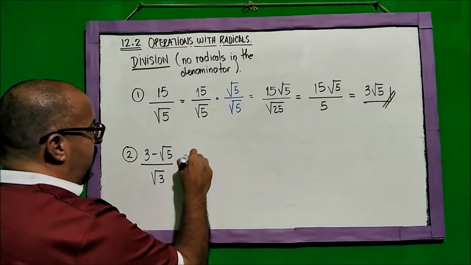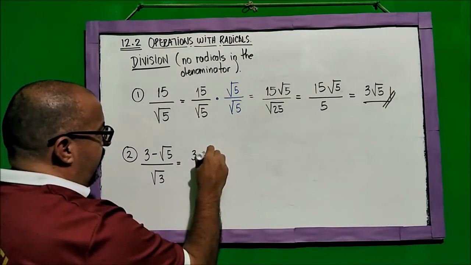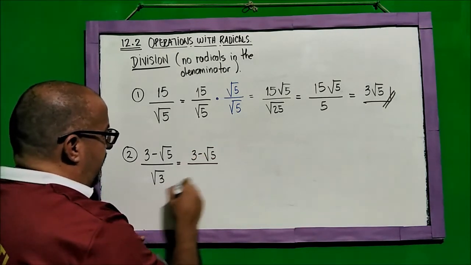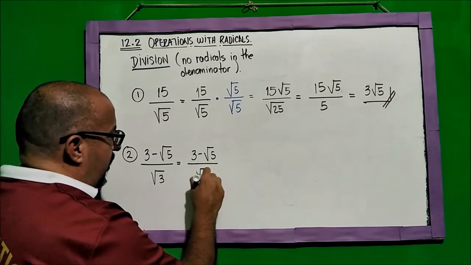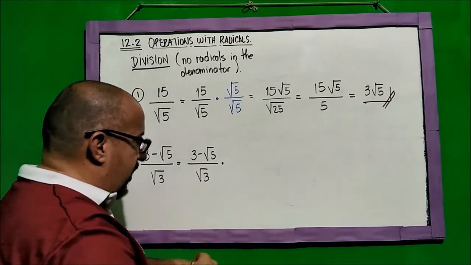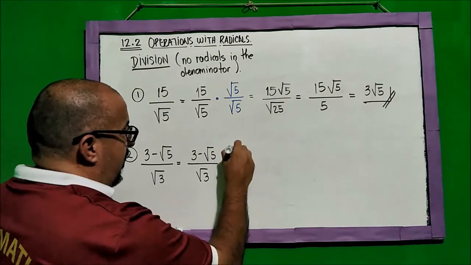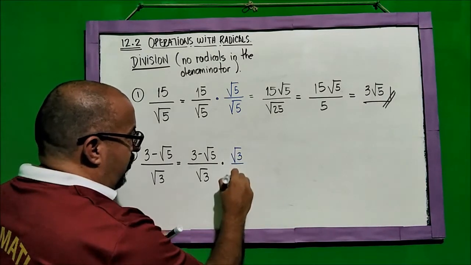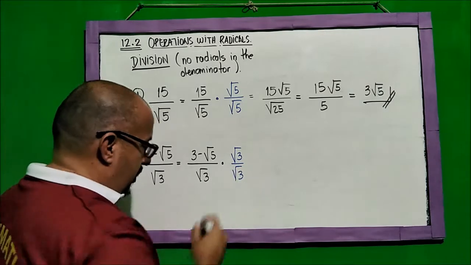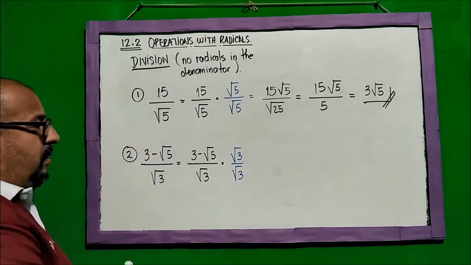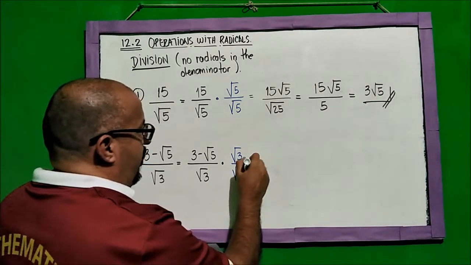So 3 minus the square root of 5 divided by the square root of 3, and I'm going to multiply and divide by an expression that is equivalent to the denominator. So square root of 3 and square root of 3. This is to keep the balance in the equation.